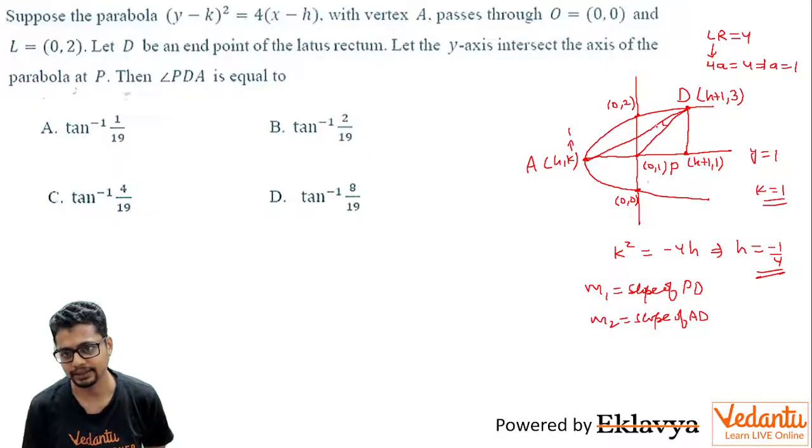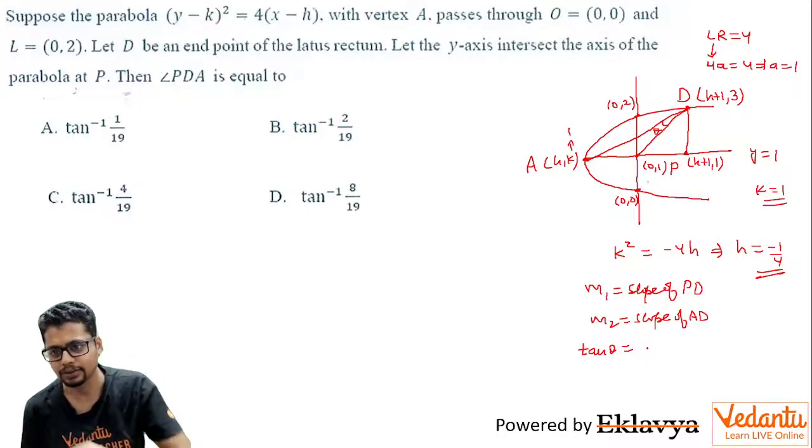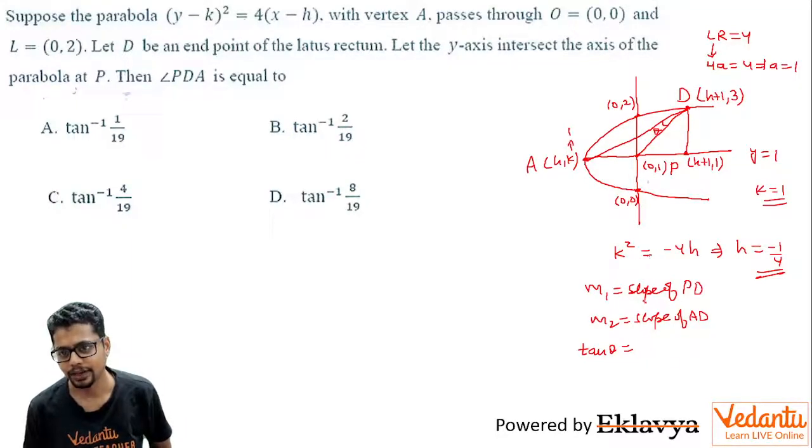Let's say this is theta. So tan theta, clearly theta is an acute angle, so you may say it is the mod of the difference, or if you don't want to use mod, that's also fine, because clearly m1 will be greater than m2.